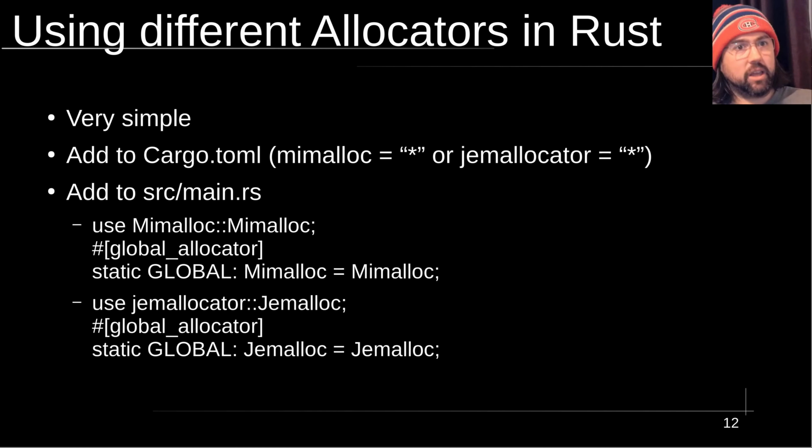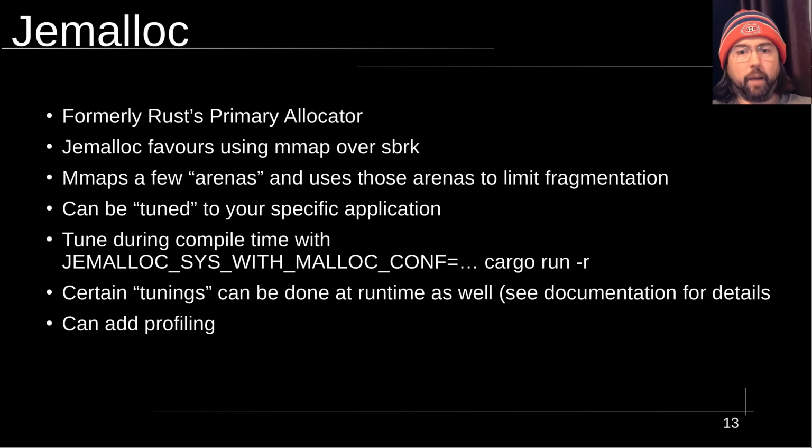Now you're using the Microsoft allocator in your program. You can do a similar technique with jemallocator as well. So it's very, very simple to use these. Jemallocator can also do a few more things for you beyond just adding it to your main and adding it to your Cargo.toml.